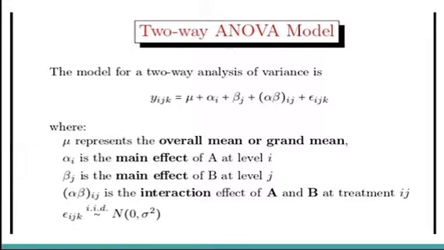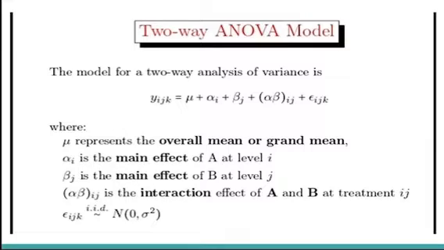Every specification of a statistical model must have a random component, which is the error ijk. But every other term, apart from the error ijk, we call the deterministic part of the model. Every statistical model has a deterministic part and a random part.